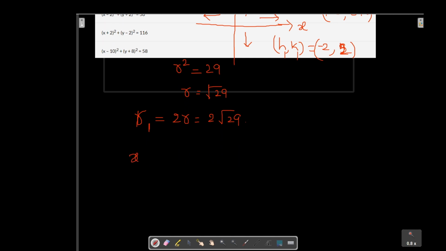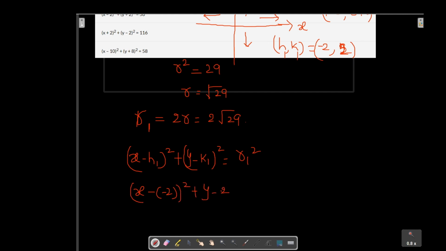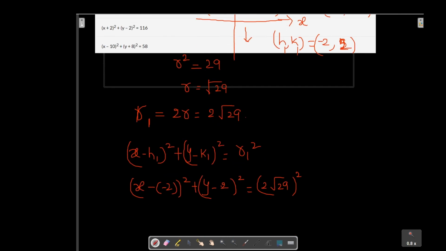X minus H1 whole square plus Y minus K1 whole square equals R1 square. X minus H1, negative 2, whole square plus Y minus K1, 2, whole square equals R1 square, 2 root 29 whole square.